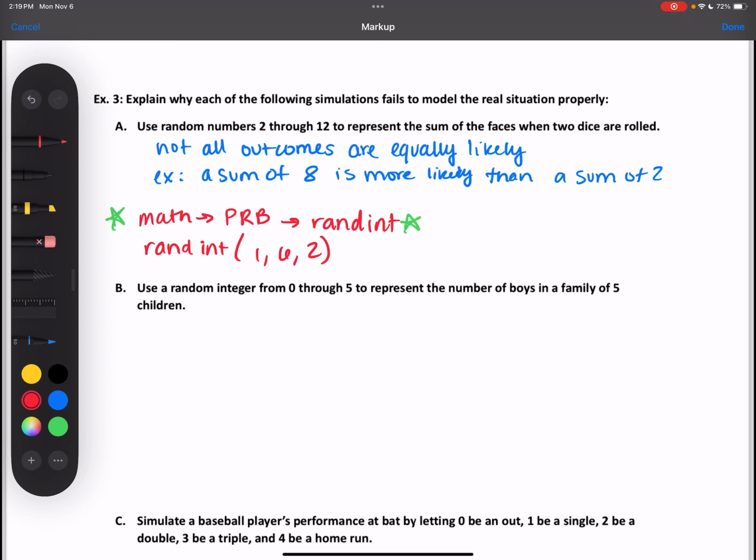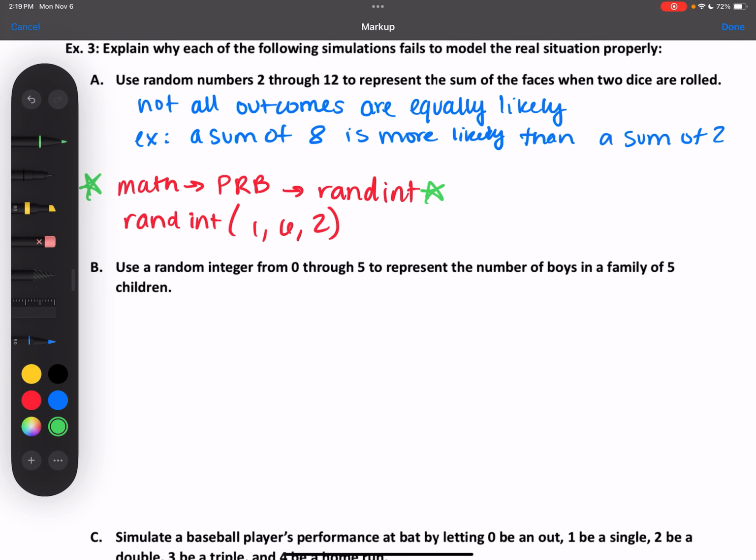So I just did 3 trials with 3 clicks of a button. I'm taking the numbers 1 through 6, 2 at a time. There are other ways to do this as well, but that's one way to get random integers.